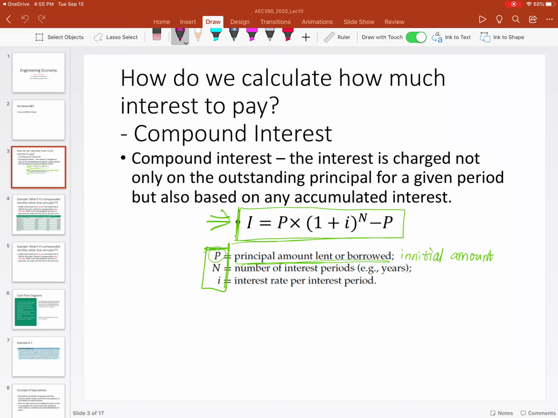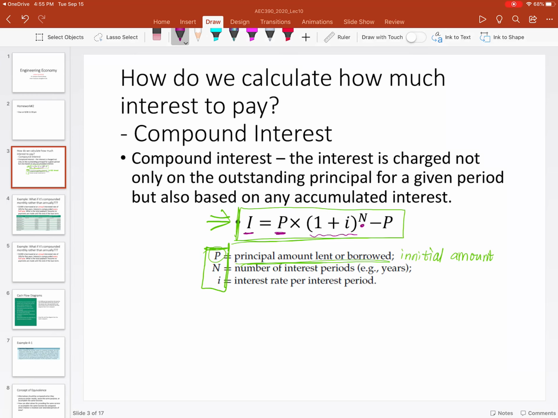If you are using the compound interest method, your interest, I, is the principal, the initial amount you borrowed or lent, times (1 plus i), where i is the interest rate per period, to the power of n, the number of interest periods.